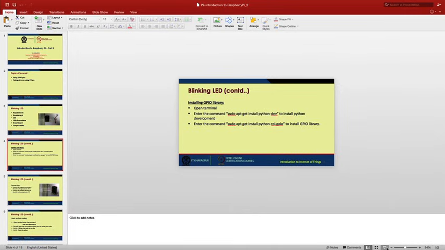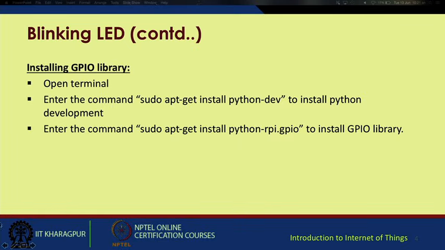So now coming back to the Raspberry Pi. For the blinking LED project, since you are going to connect it to the GPIO terminal, you will require 2 things. First is the Python dev library and the other is the Python RPi.GPIO library. You can easily access these 2 libraries over the net.